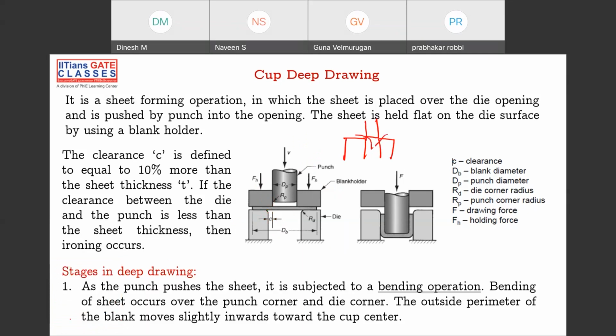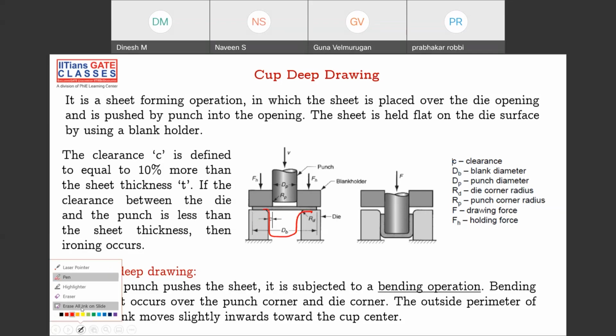There is no space for the material to flow. So to make sure that the material has some space to flow, you have to provide a clearance there. See, only through the clearance will the material flow into the cup and take this kind of shape.